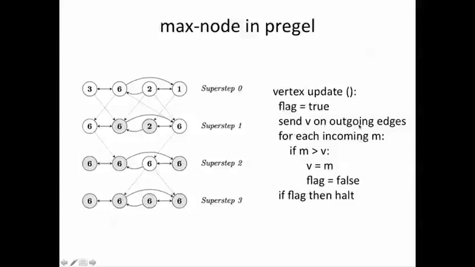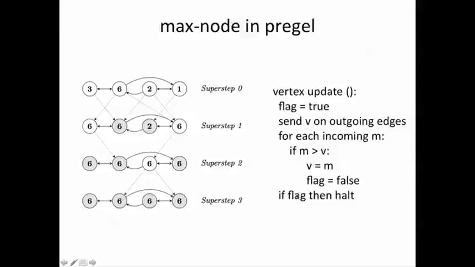You send your value along your outgoing edges and then start receiving values from incoming edges. For each incoming message, if you get a value which is greater than your value, then you replace yourself with that value and continue and don't halt. But if you did not get any message which was greater than your value, then you halt.